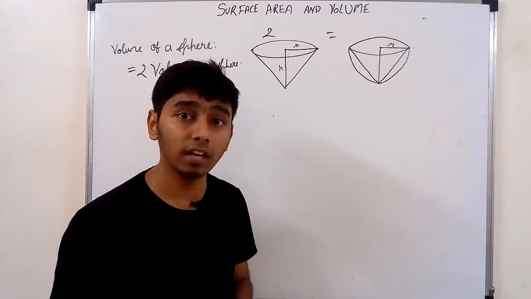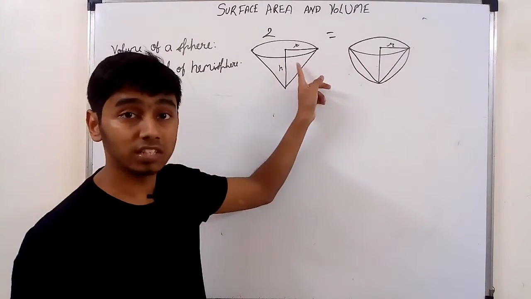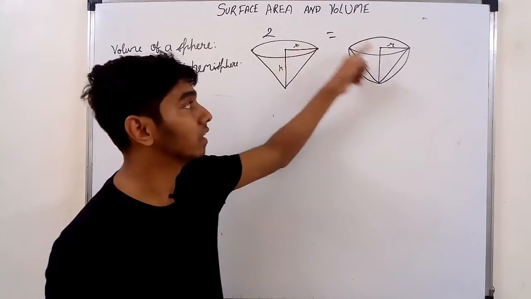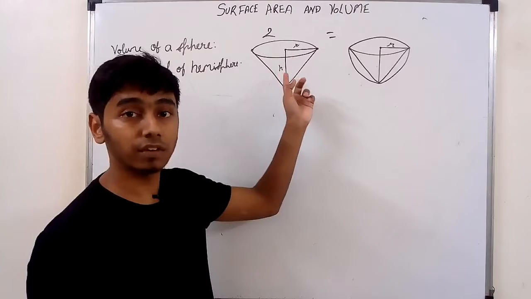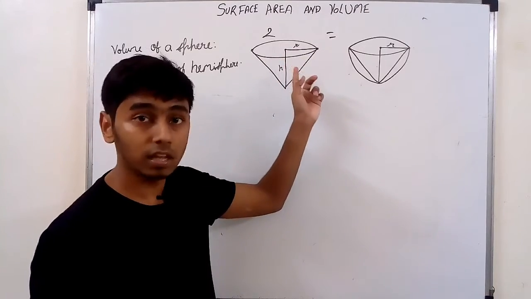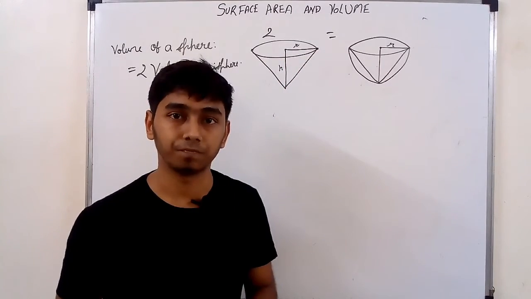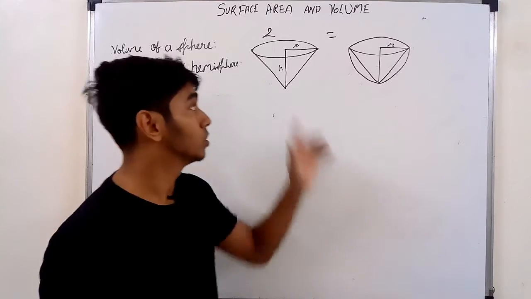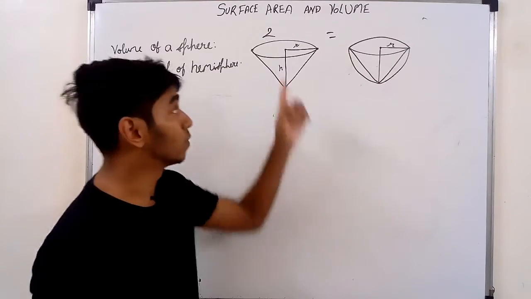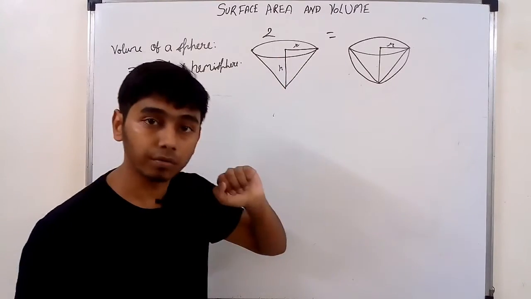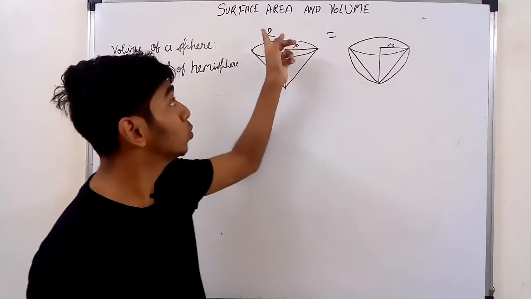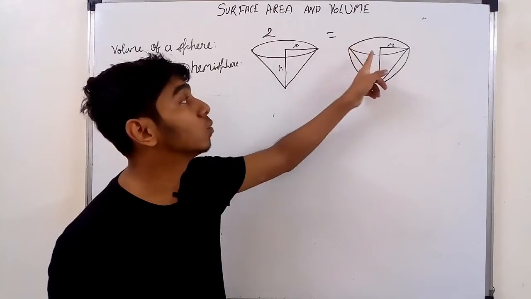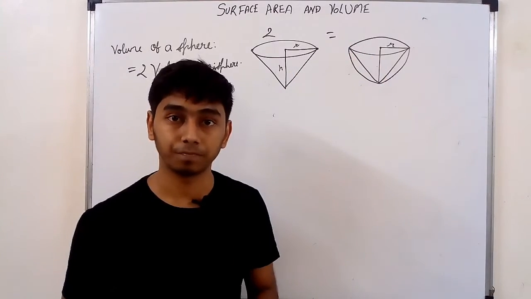So we take two such cones and fill them into the hemisphere, and the two cones fill it up. That means 2 times the volume of cone is equal to the volume of hemisphere.